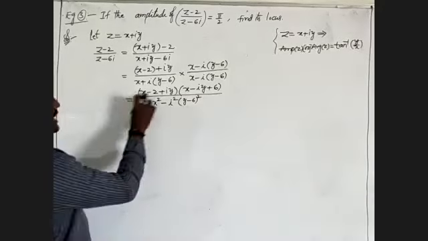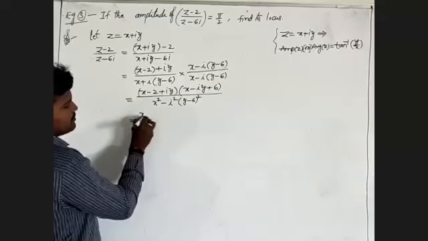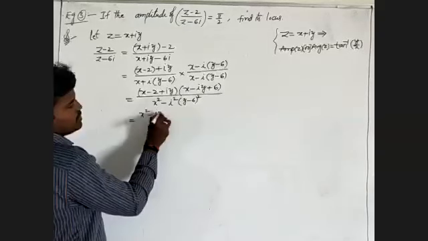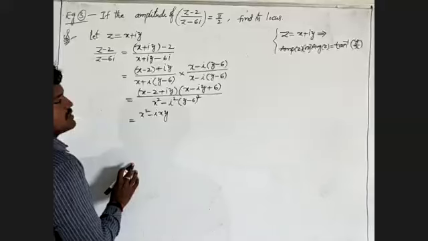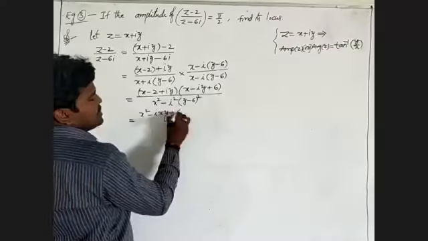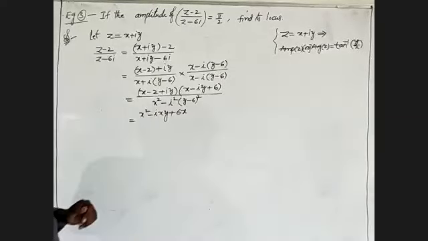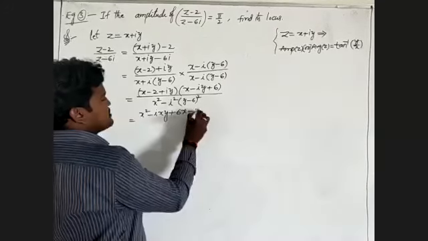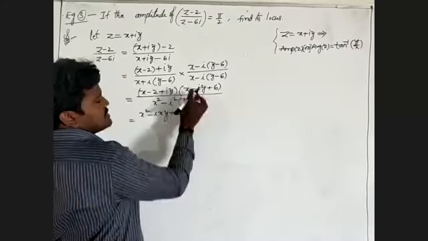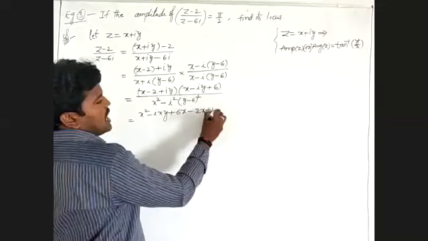That means x into x is x square, minus i into x into y is ixy. After that, 6 into x is 6x. After that, minus 2 into x is minus 2x. Minus into minus becomes plus, i into 2y.